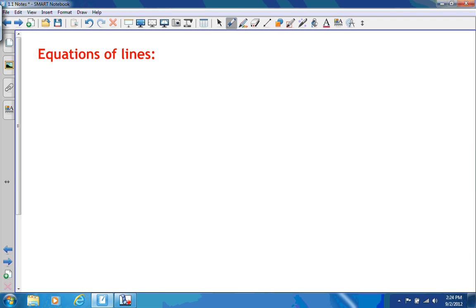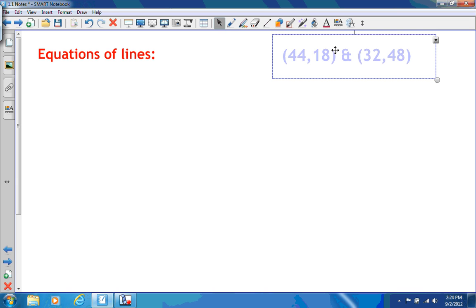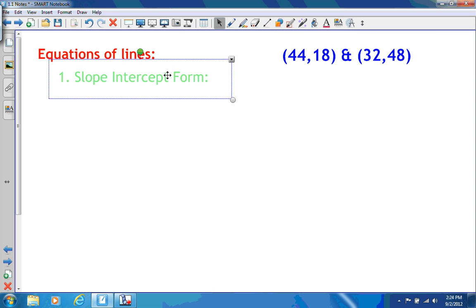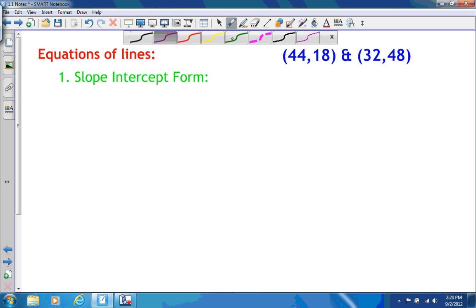Now then, once you have a slope of a line, you can figure out the equation for it. There are different ways that an equation can be written, and we'll still use the points (44, 18) and (32, 48). First way an equation can be written is in slope-intercept form. Slope-intercept form is y equals mx plus b.